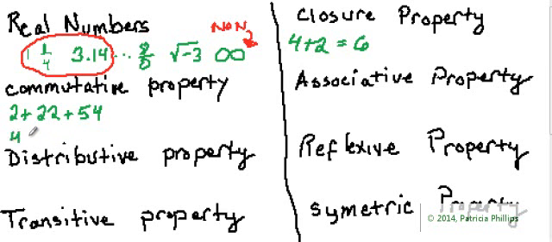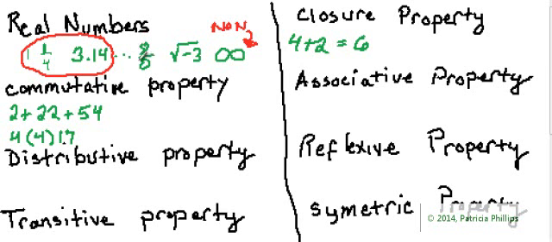If you have 4 times 4 times 17, then you're going to get the same answer no matter what order that you use. And this is something that we all know, we just didn't know the name of it. And now you do.